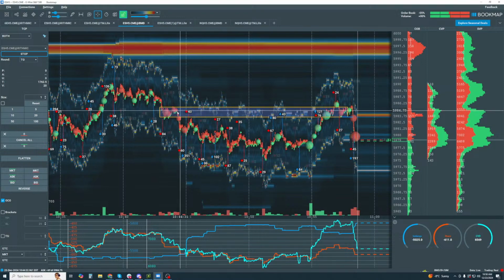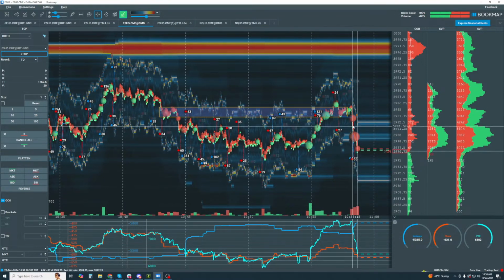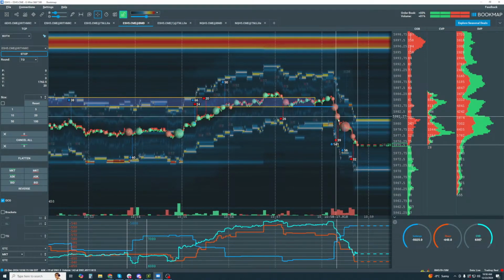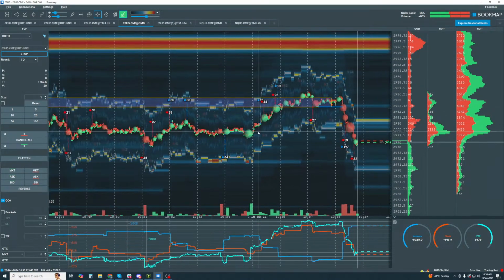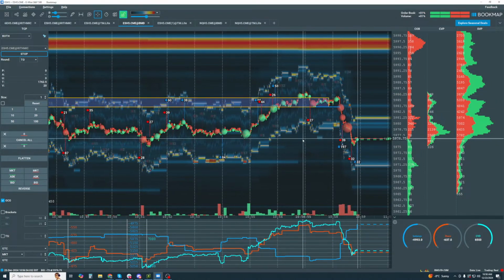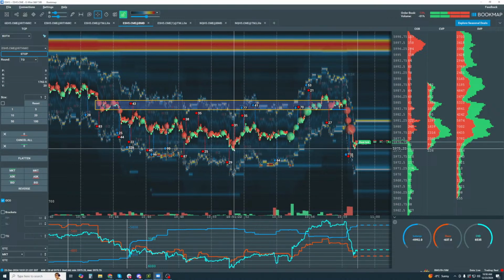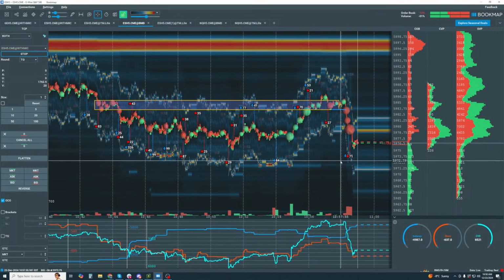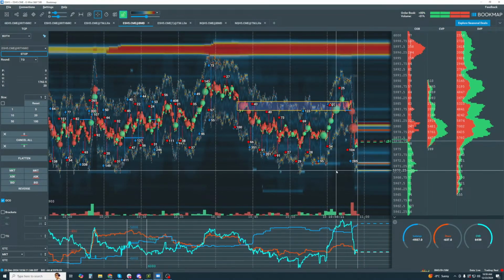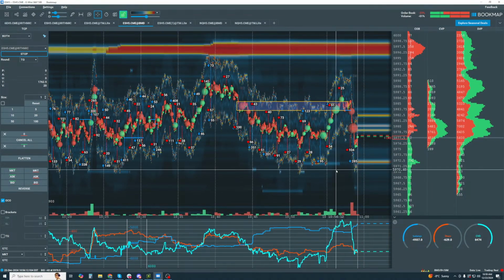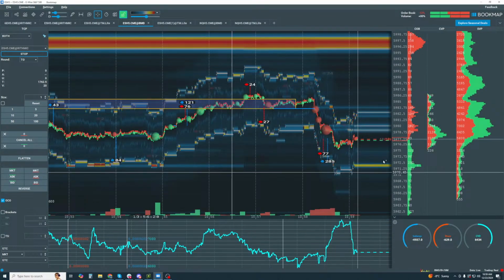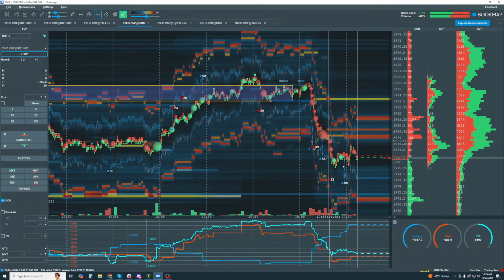Let's see here. This is kind of a bit of a toxic move here by the sellers, trying to move away from this area in here, definitely moving away from this zone up in here, and then being able to trade it back down to the bottom of the range here. Okay, here's our pullback.